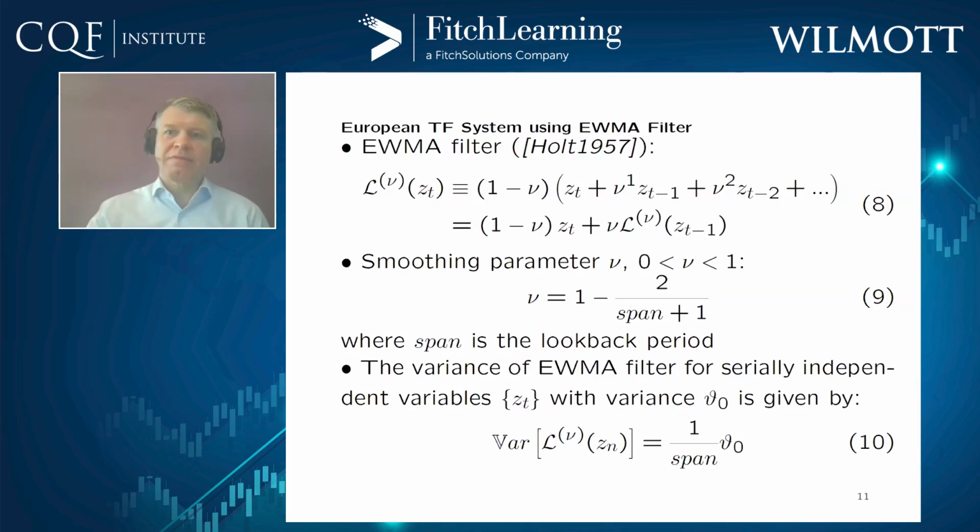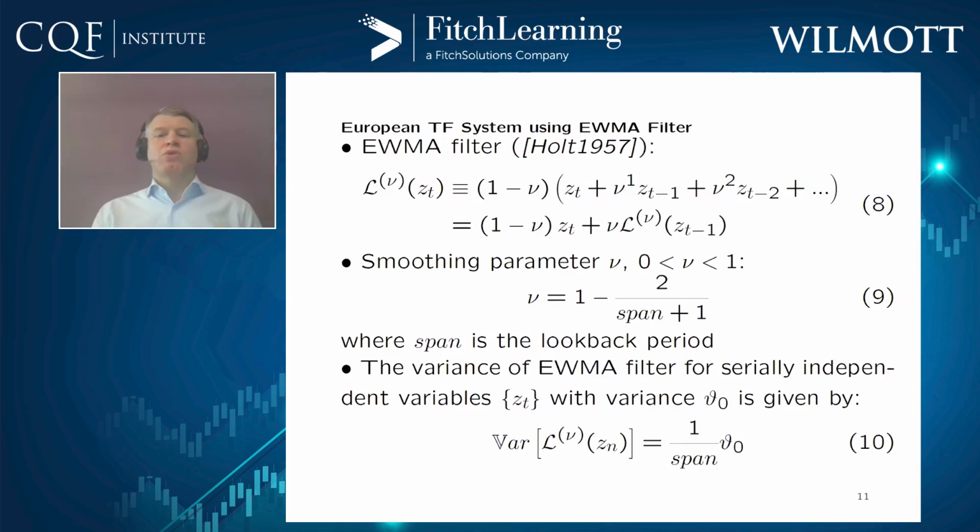When I say I have a filter with a lookback span of 50 days, I use equation 9 to transform it to this smoothing parameter. It means that the data from the last 50 days has a weight in the signal of 50%, half.